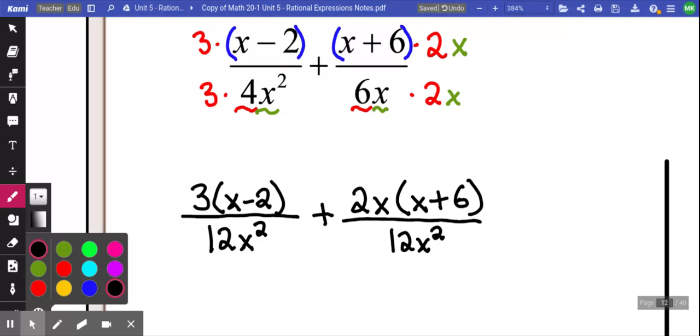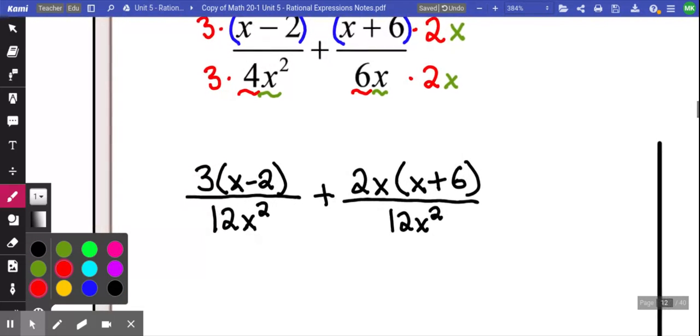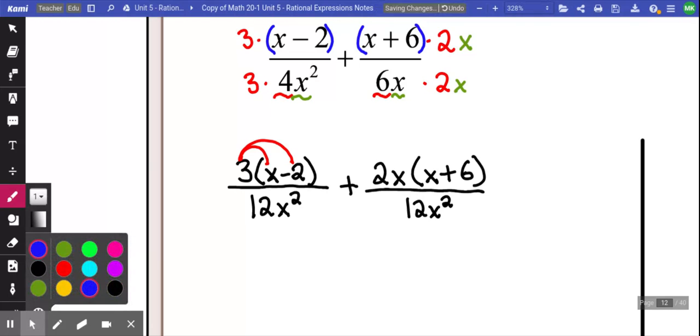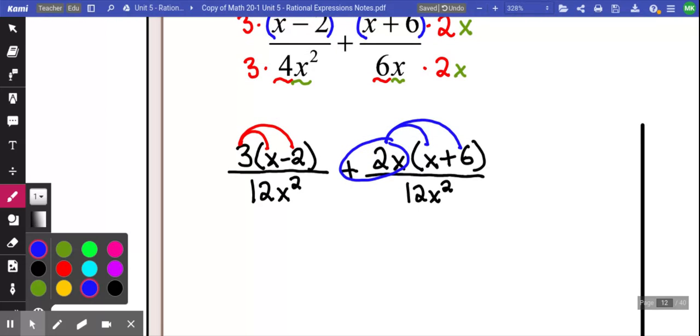The problem is I can't add those tops right now because those brackets exist. So in order for me to be able to add the tops, I'm going to have to multiply these numbers in to the brackets. So I'm going to have to multiply the 3 in, and I'm going to have to multiply the plus 2x in. This will give me 3x minus 6. And on the blue side, I will have positive 2x squared plus 12x.